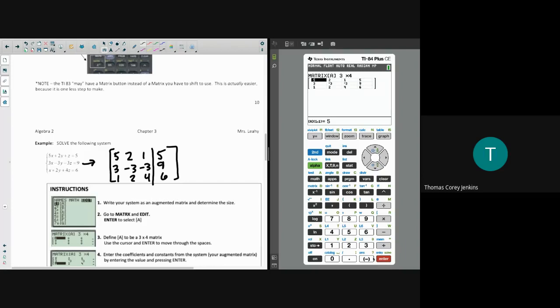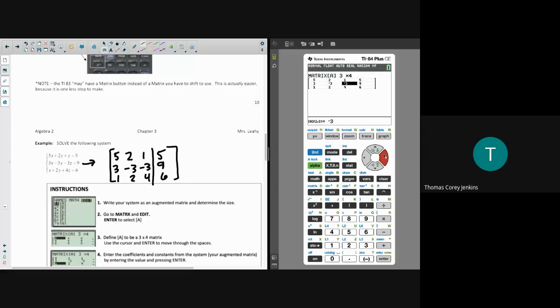All right, so we've got it in there, and there you see also, like I was saying earlier, if you wanted to name an element, say we wanted element 2, 3, then you could go down to element 2, 3, and it says it right there, 2, 3 is -3. I don't know how much you'll need that, but you can do that if you have trouble on those questions.